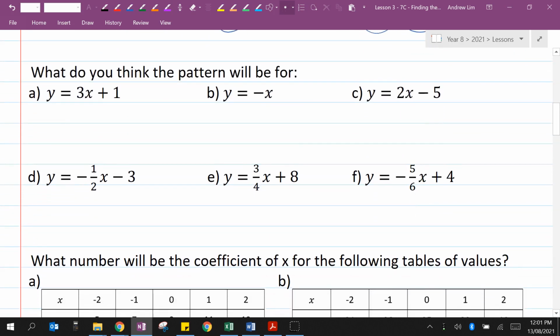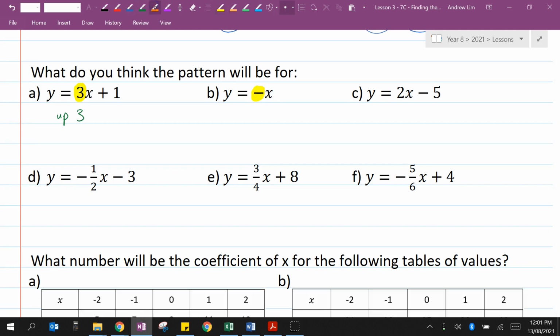Here we have y equals 3x plus 1. The coefficient of x is positive 3. So what do you think the pattern will be? Well, the pattern should be going up by 3 each time. For question B, we can see that the coefficient of x is negative 1.